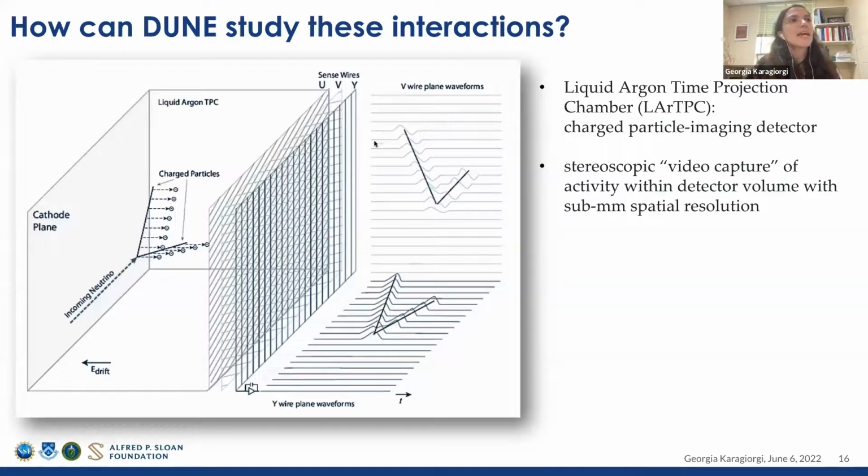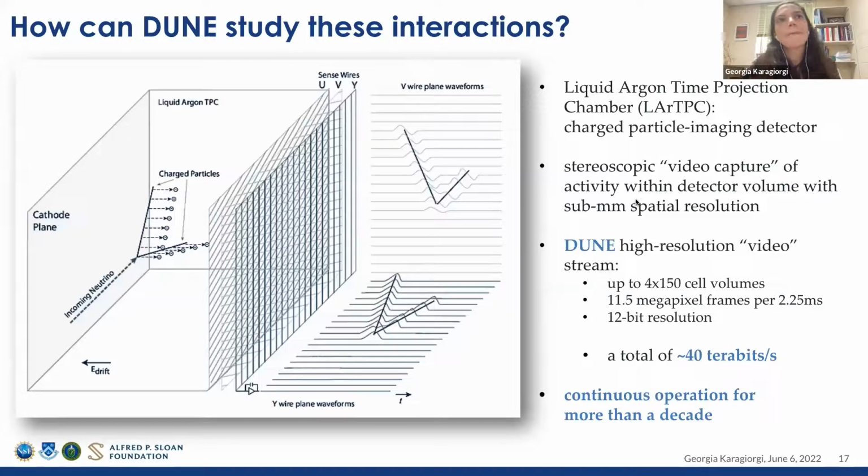So in the end, we end up with these stereoscopic 3D projection images of whatever is going on within this volume. And since these wires are being continuously read out, this leads to a stereoscopic video capture of the activity within the detector volume with, depending on how closely packed together the sensors are, sub-millimeter spatial resolution.